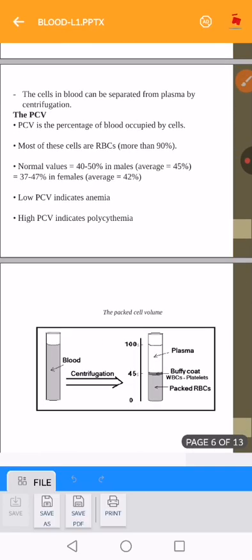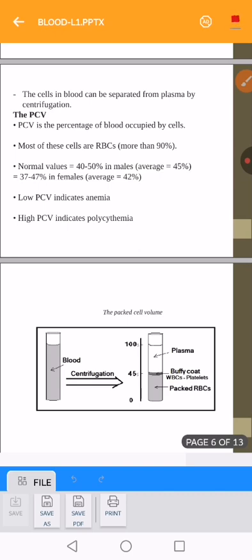So these pictures show the centrifugation of the blood. On your left, this is the blood. When we put the blood in the centrifuge device, the blood separates, with the plasma in the upper part because it's fluid. Then we have a buffy coat.